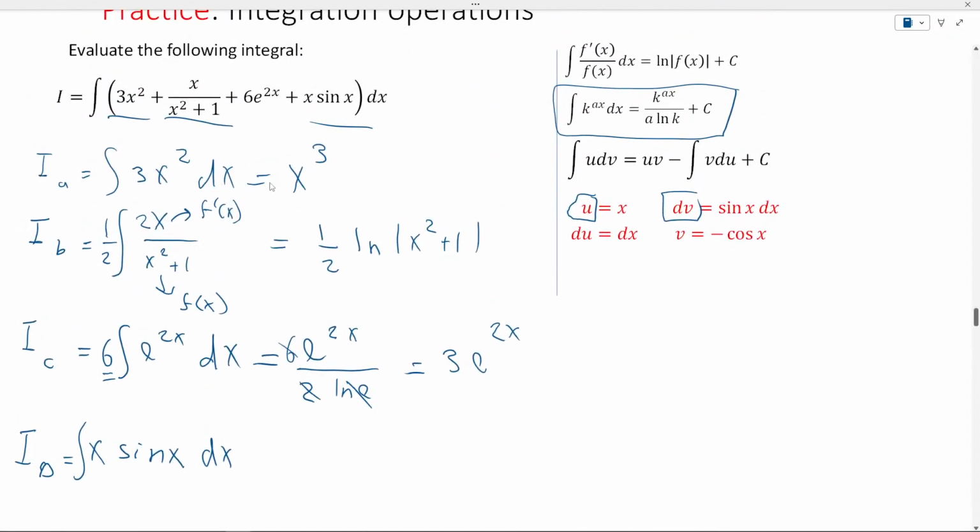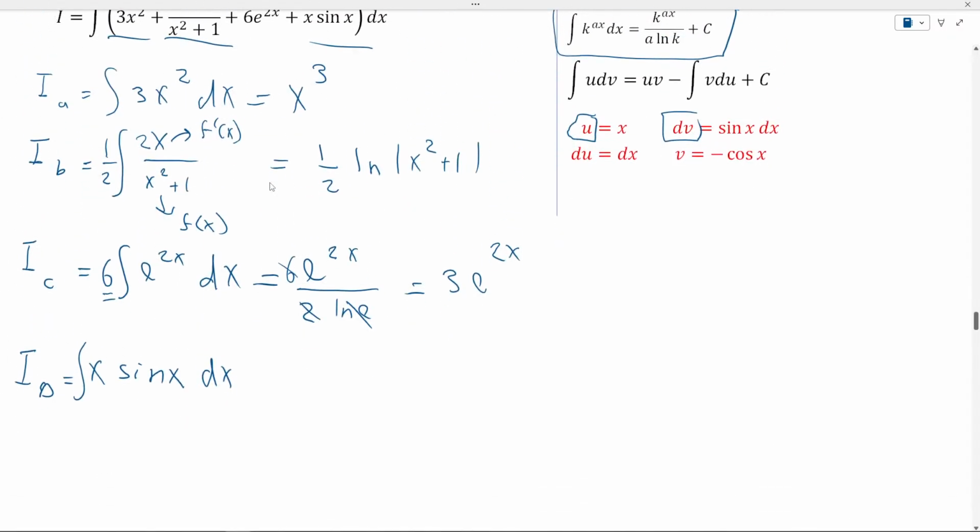So let's just apply this here. I will say my u function is equal to x, and my dv function is equal to sine x dx. Yeah, just following this sequence here.